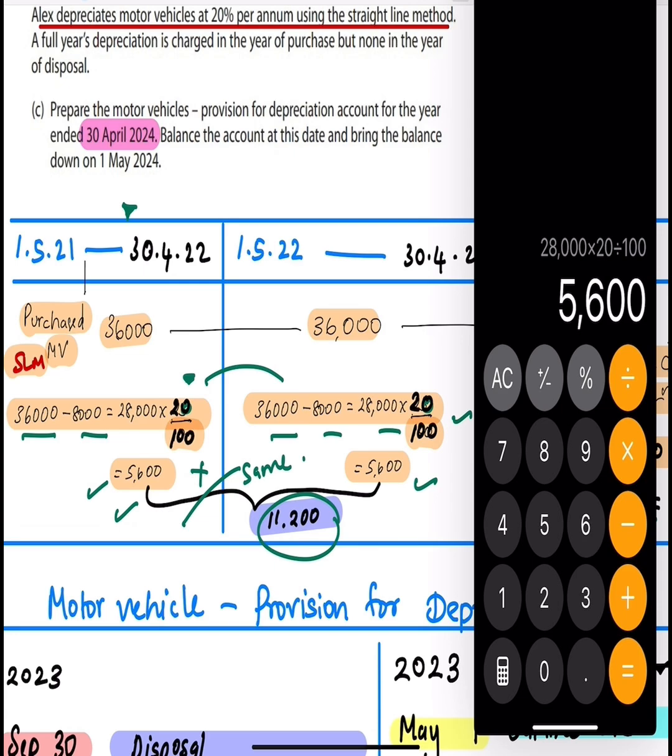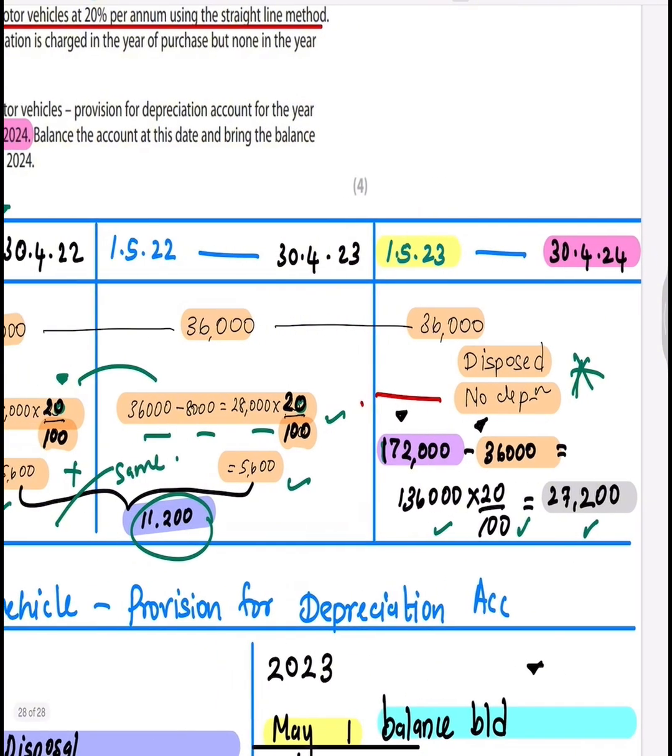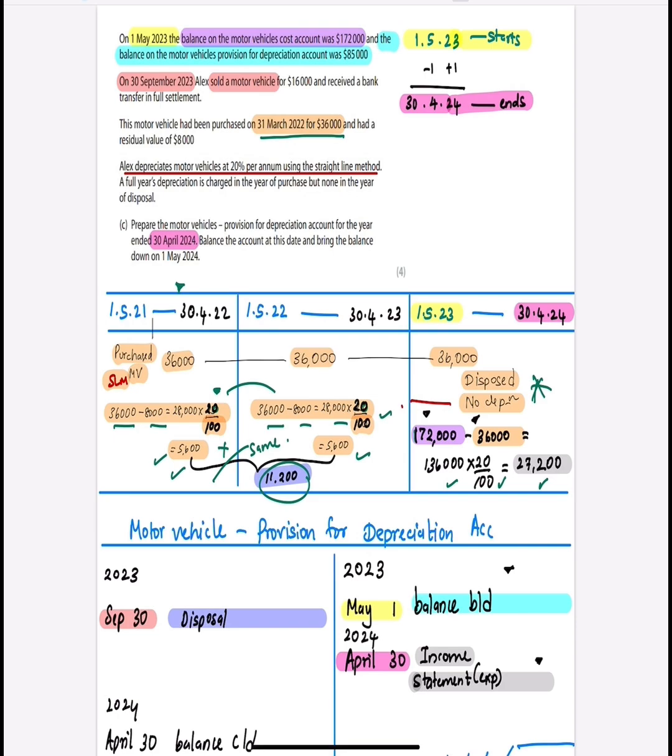So the total depreciation for the disposed motor vehicle is 5,600 plus 5,600, which is 11,200. As per the question, there is no depreciation for the year of disposal. Therefore, the total depreciation for the disposed motor vehicle should be 11,200.